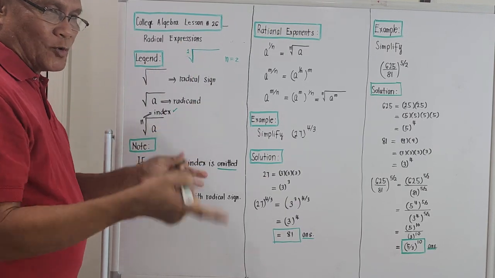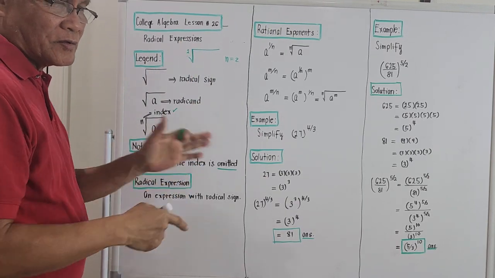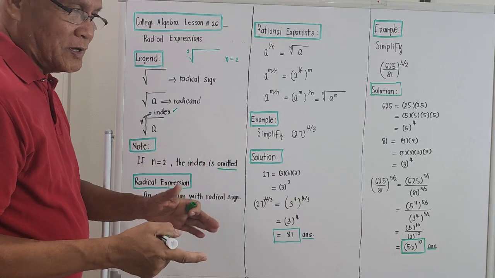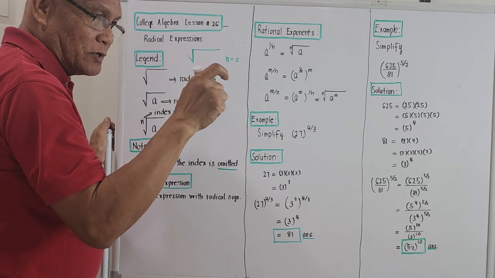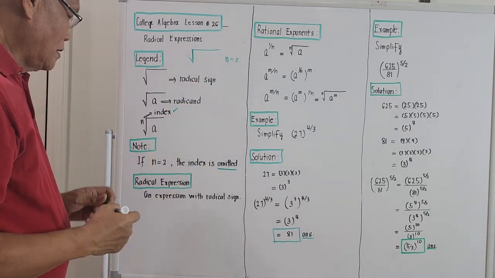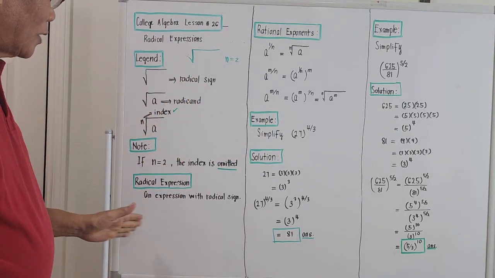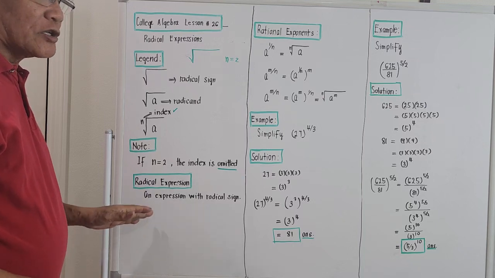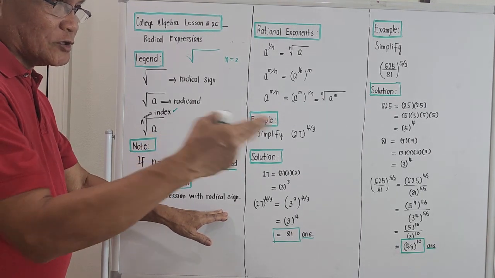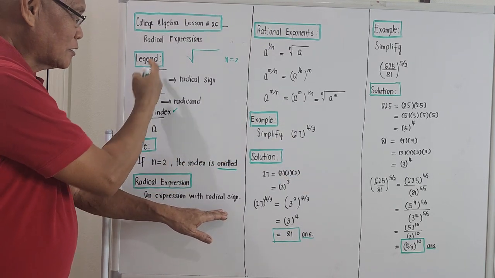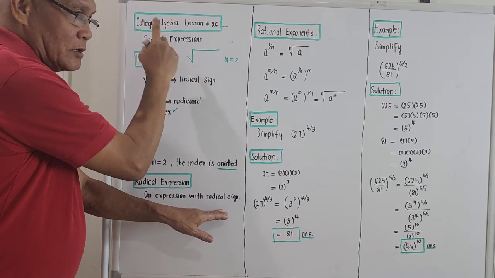You can do so if you want, but it is a standard in the study of algebra that if the number here is missing, it is understood to be a square root. And at least we now know what a radical expression is: an expression that contains a radical sign. So if a given expression has a radical sign, it is considered a radical expression.